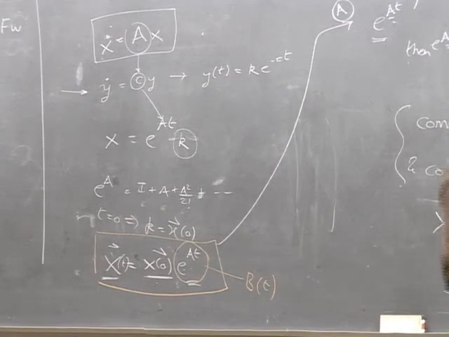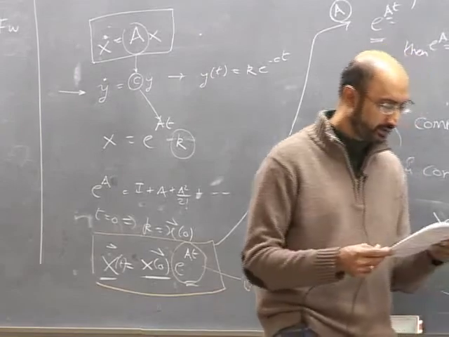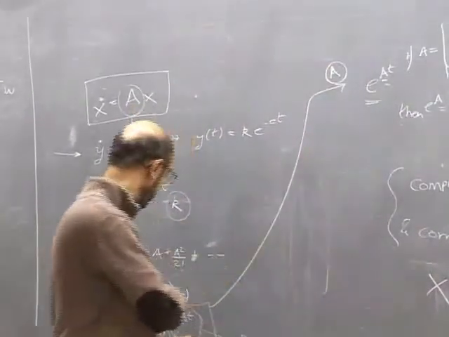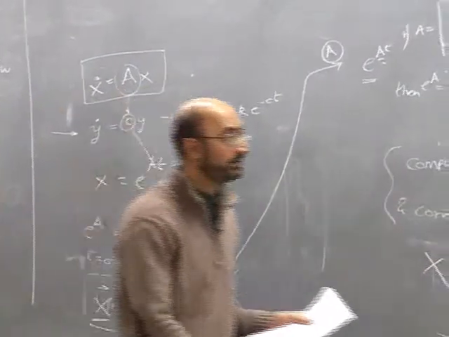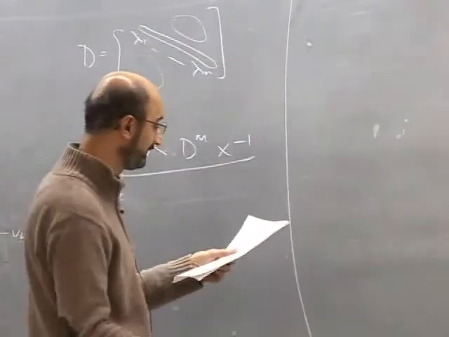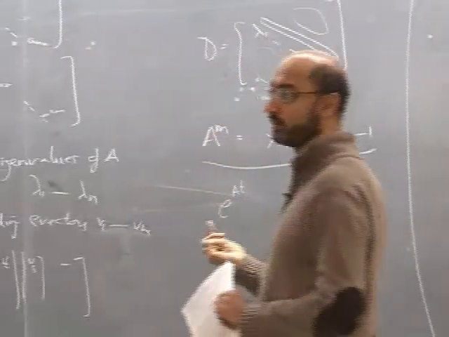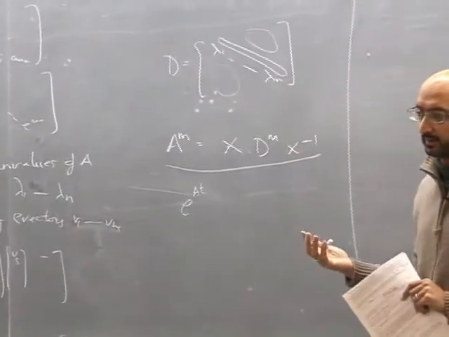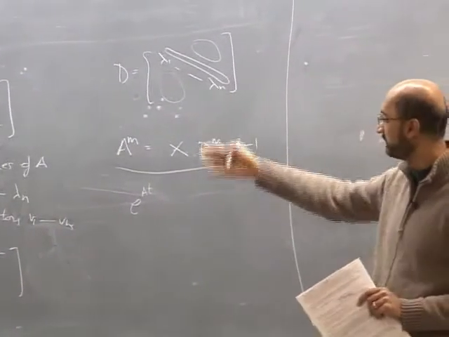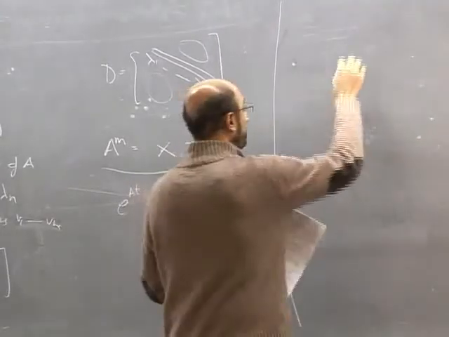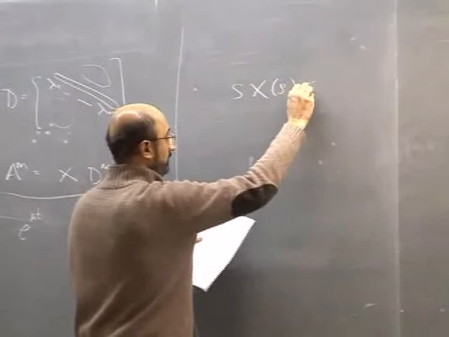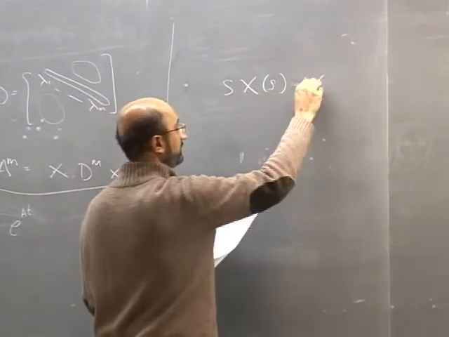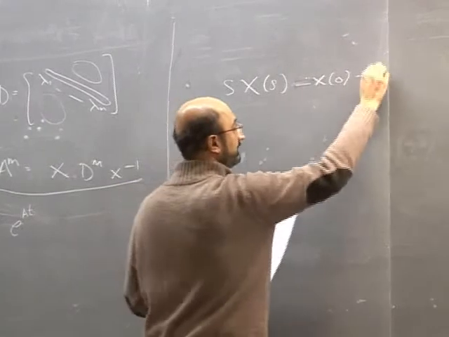Okay, now let me come back to where we are. The first thing that happens is we come to e to the At, and you say, okay, if you diagonalize it, etc., we get something. There's another way of doing this, which is to use the Laplace transform. Just like we can avoid convolution by doing Laplace, we can also avoid computing this using Laplace in the following way. You can take the Laplace transform of this box over here on both sides to get sX(s) minus x(0) equals AX(s).